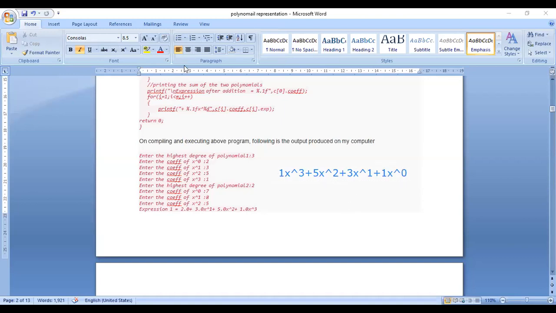The next polynomial's highest exponent is 2.